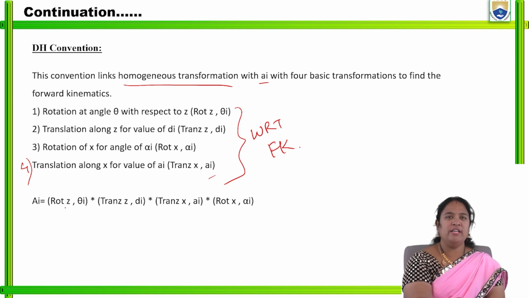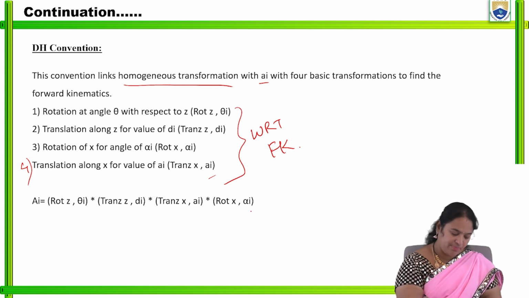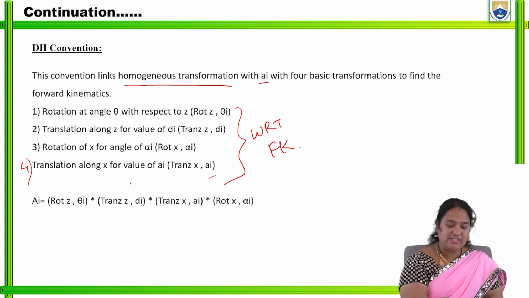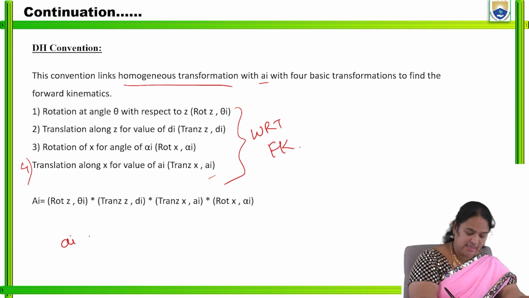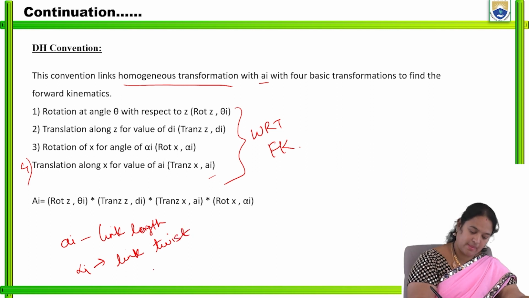So that is equal to the rotation about z by theta i, that is the angle theta with respect to the z-axis, times the translation along z by di, times the rotation about x by the angle alpha i, and next is the translation along x by the value ai, where ai is called the link length, right? ai is called the link length, alpha i is called the link twist, di is called the link offset, and theta i is called the joint angle.